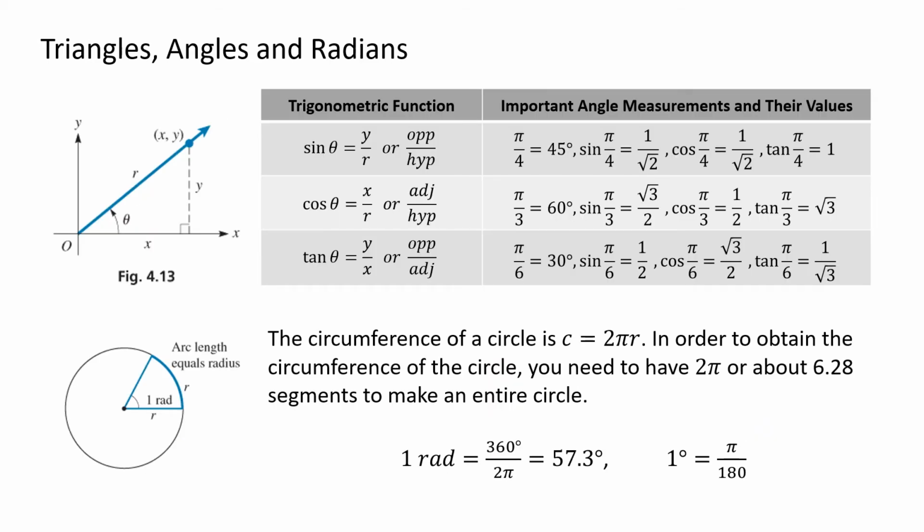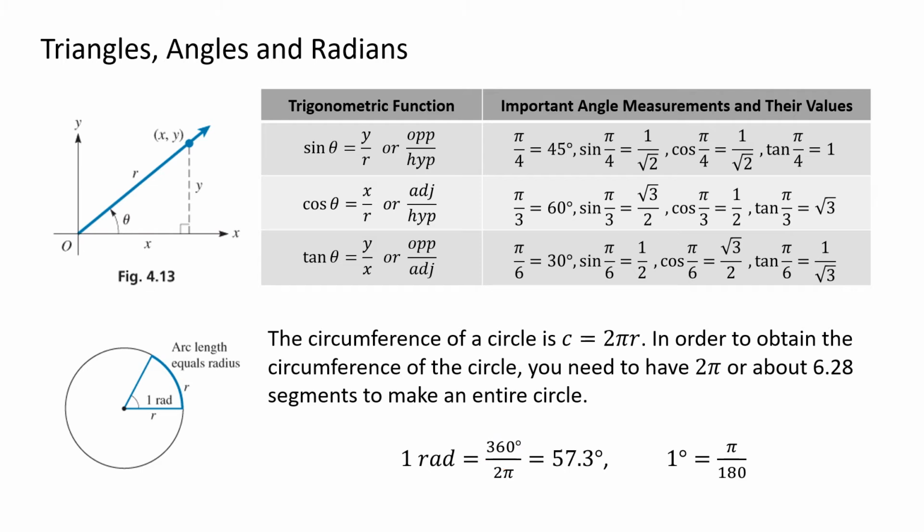So, starting with radians. Radians talk about revolutions. For one revolution around a circle, regardless of the diameter or the radius or anything, it's 2 pi radians. We also know that in a circle, there's 360 degrees.